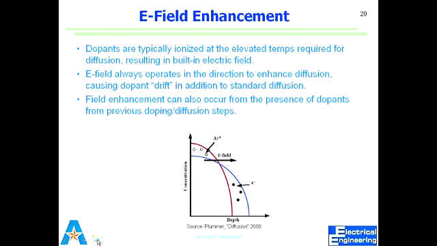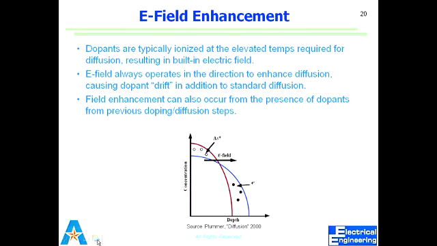Their travel is not just a factor of the energy that we are providing with temperature and the concentration gradient. Now we have electrical potential also involved. So that enhances the dopants to do better, and we can now make them go deeper.